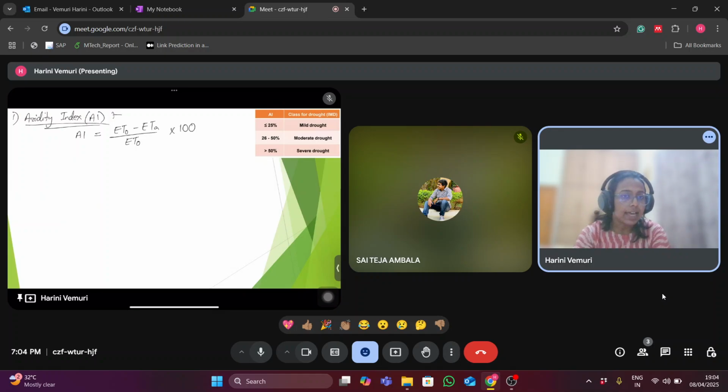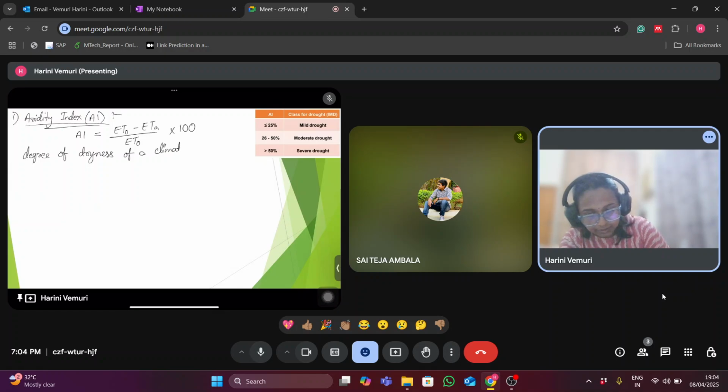So what does this aridity index mean? We have written the equation, but what does it mean? It gives us the degree of dryness of a climate at a given location.